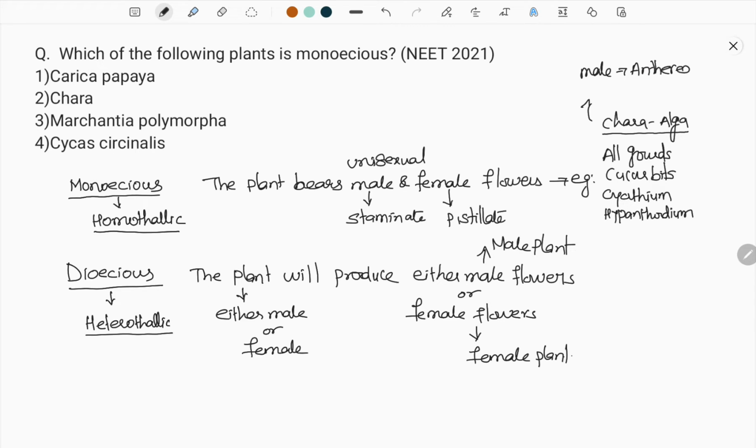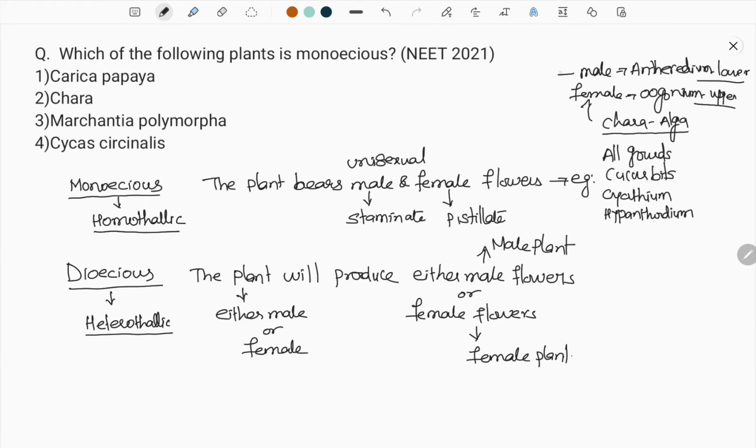Generally antheridium is lower in position, whereas the female oogonium is upper in position, on the same plant. This is to prevent self-fertilization.